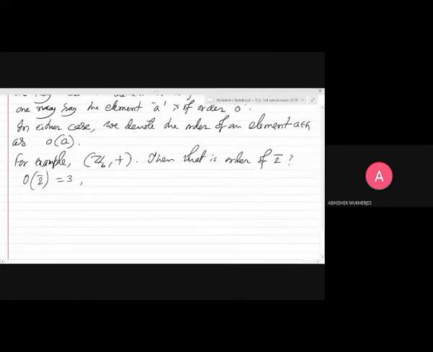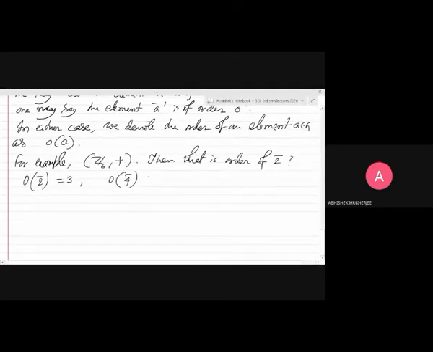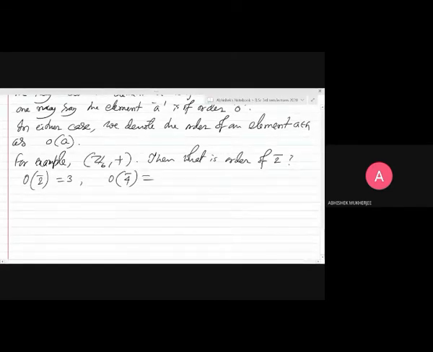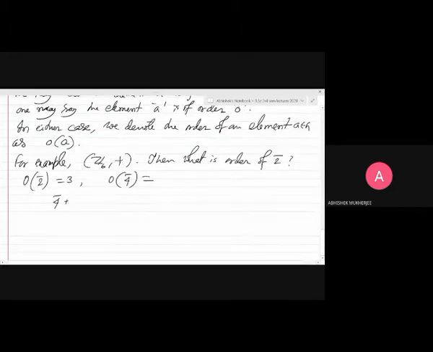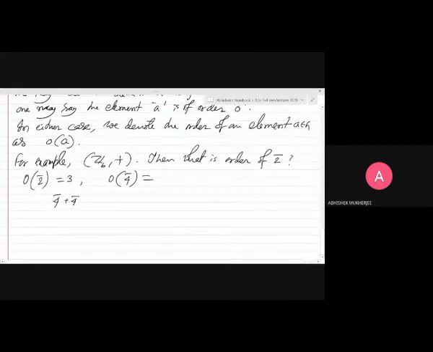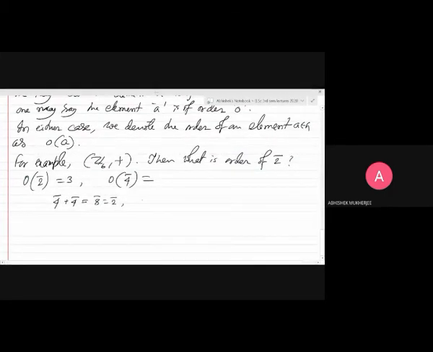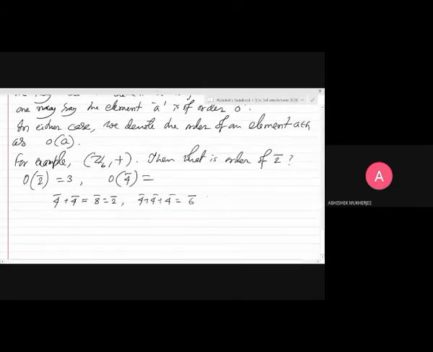What is the order of the class of 4? Just check on your own. Then it is the class of 8, that means it is the class of 2. Then add again, it is the class of 6, so it is 0. So it is also 3.